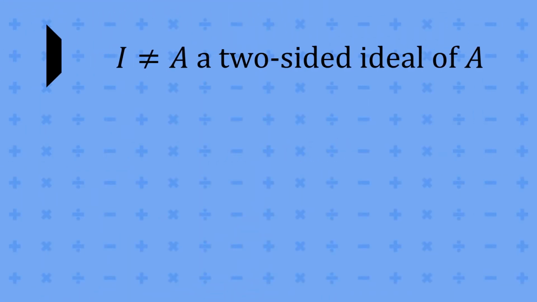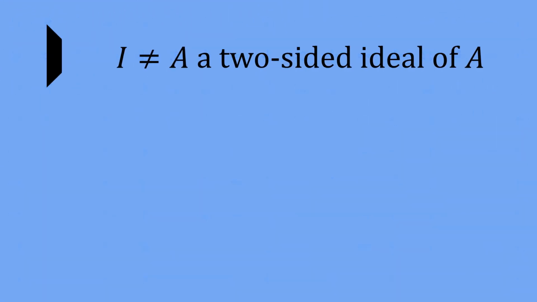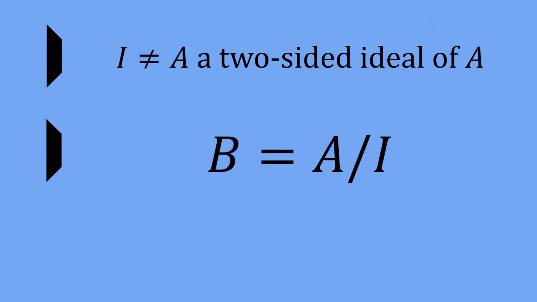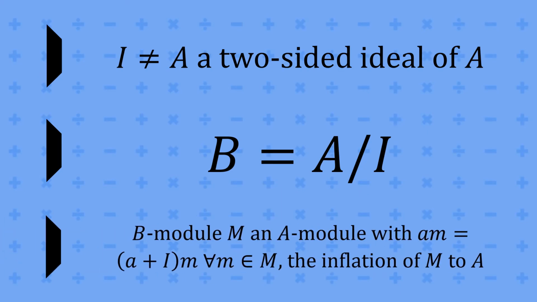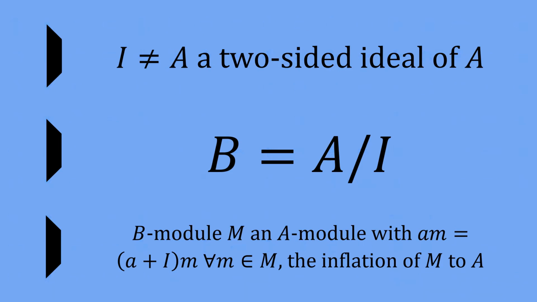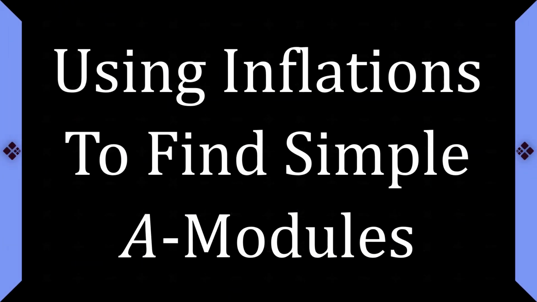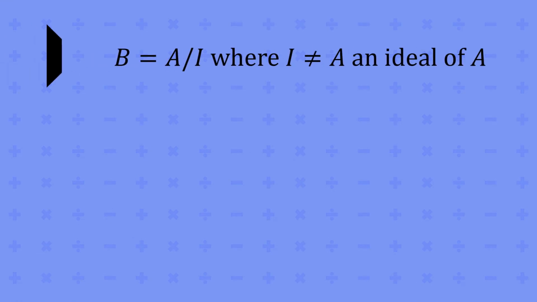Now we're going to define the inflation of a module. Suppose I not equal to A is a two-sided ideal of A, and let B be the factor algebra A over I. Then any B module M can be viewed as an A module with action a times m is equal to (a plus I) m for all m in M, which we call the inflation of M to A. Now we can use inflations to find simple A modules.